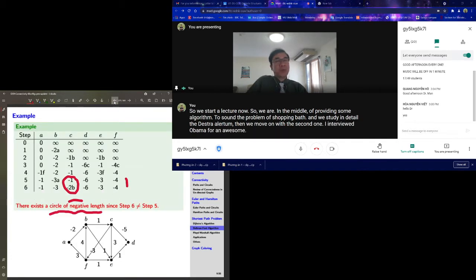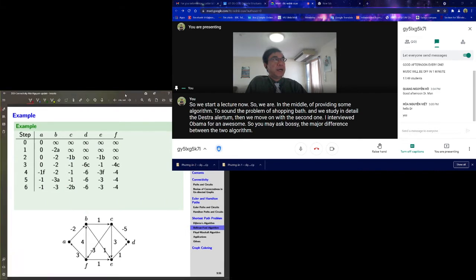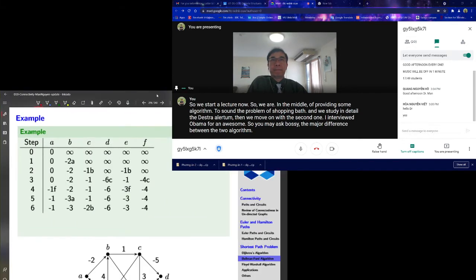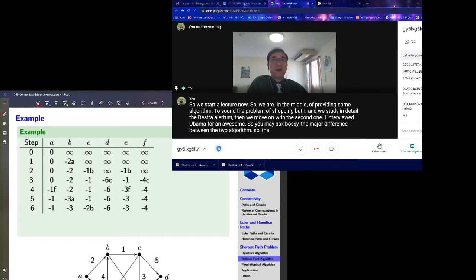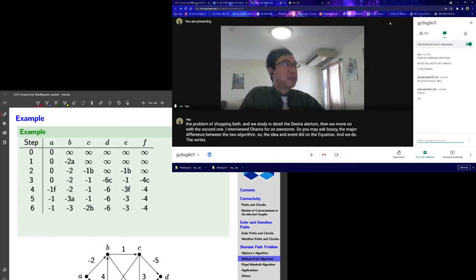So you may ask, what is the major difference between the two algorithms? The idea depends on the update equation and the way we choose the vertex or the edges to append to the optimal set of vertices.